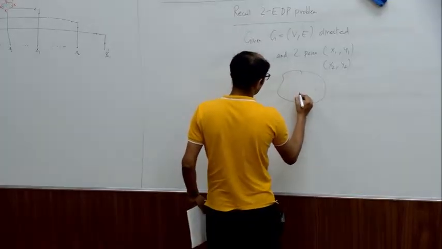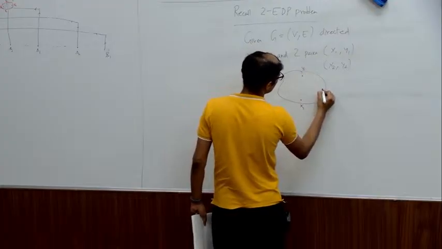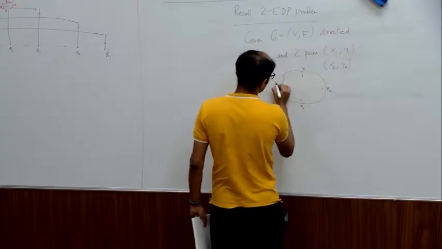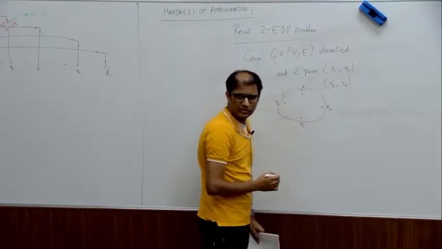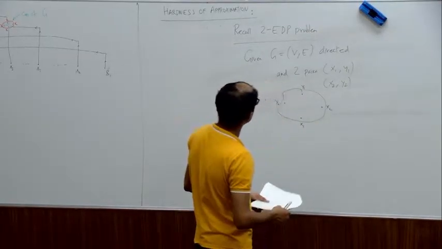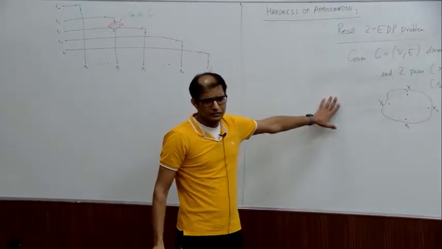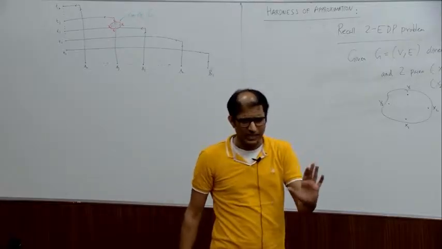So the picture is kind of like this: you have X1 over there, Y1 over there. Can you solve this routing problem? That's the challenge. What we know is that the 2EDP problem is in fact NP hard. This is something that we are just going to use as a black box.